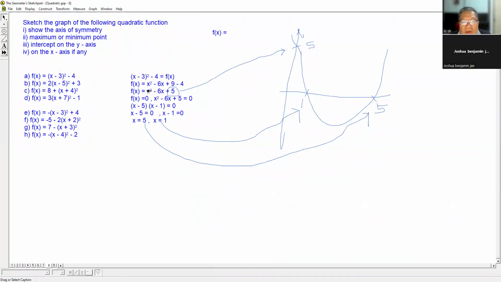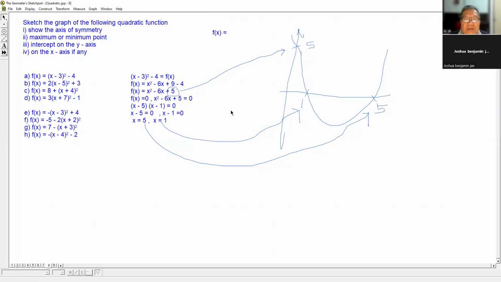Can you tell me, what is the value of a here? 5 and 1? No, 5 and 1 is where it cuts the x-axis, which you obtain by putting the function equal to 0. The value of c is 5, so the y-intercept is 5.